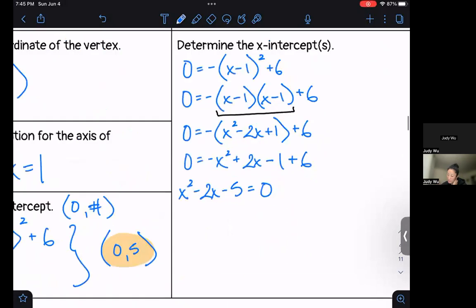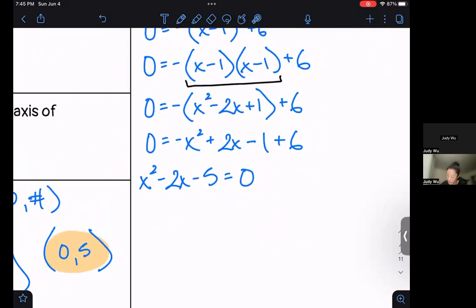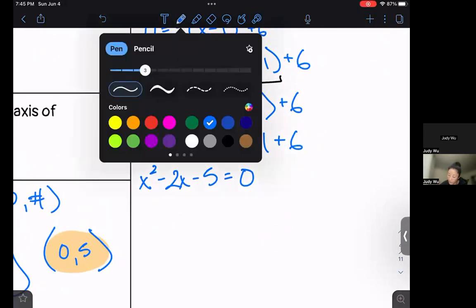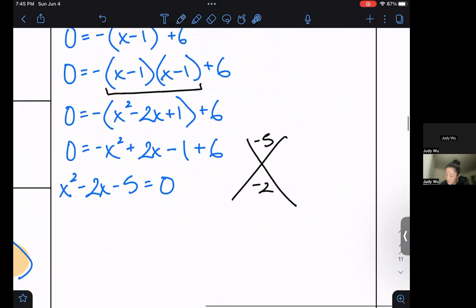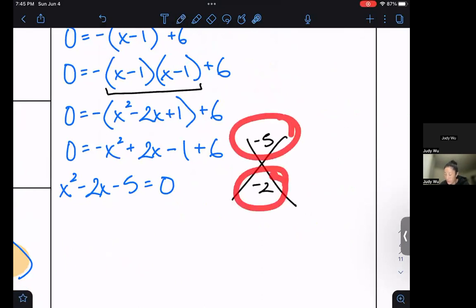All right. Now this, if I try to set this up with the factoring that I did before, I want 1 times negative 5, that gives me negative 5, and then the middle number, negative 2, comes here. And so we want to ask ourselves, is there a pair of numbers that multiplies to make negative 5, but adds to make negative 2?